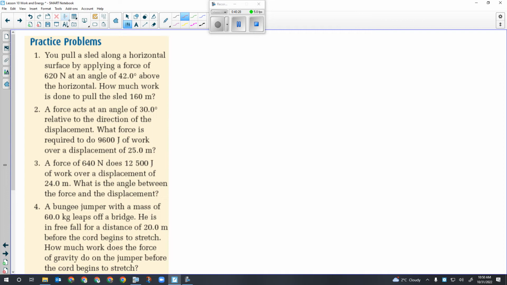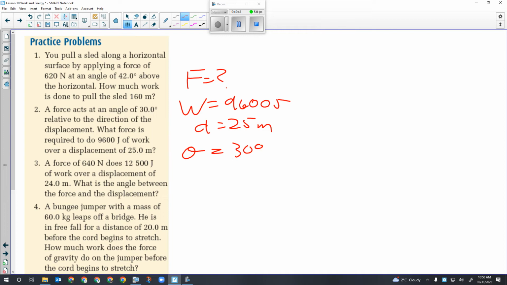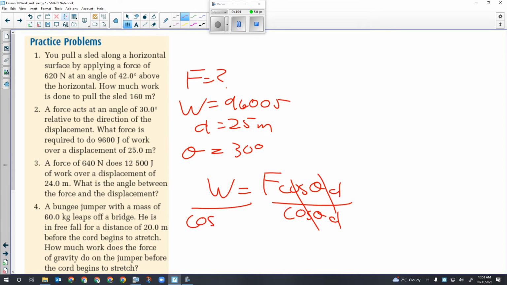Okay, so on number 2, they are wanting us to calculate the force on this one, right? So they tell us the work. It's 9,600 joules, okay? And they tell us the distance, 25 meters, and they tell us the angle, 30 degrees. So work equals F cos of theta times d. So if I want to get F, I just divide both sides by the cos of theta times d. That'll leave me with force, okay?